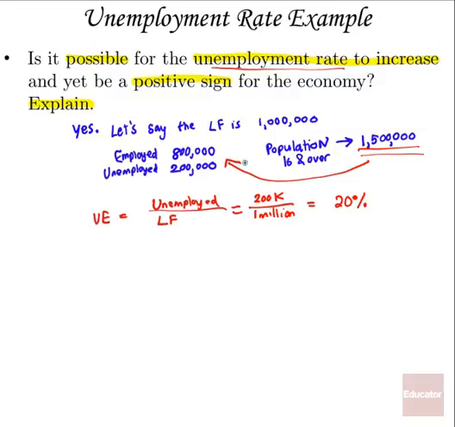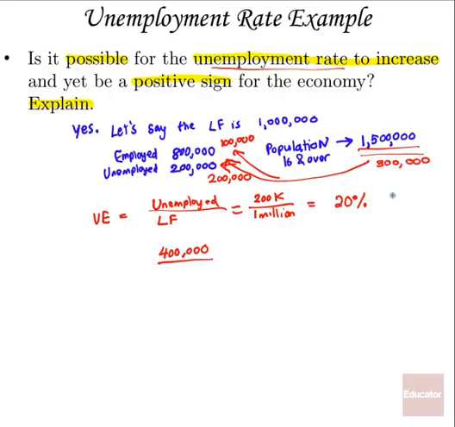Let's say 200,000 people come in, and 200,000 additional people are unemployed. Let's add 200,000 right here, and let's say of those people, 100,000 actually do find jobs. So 300,000 people enter the workforce.